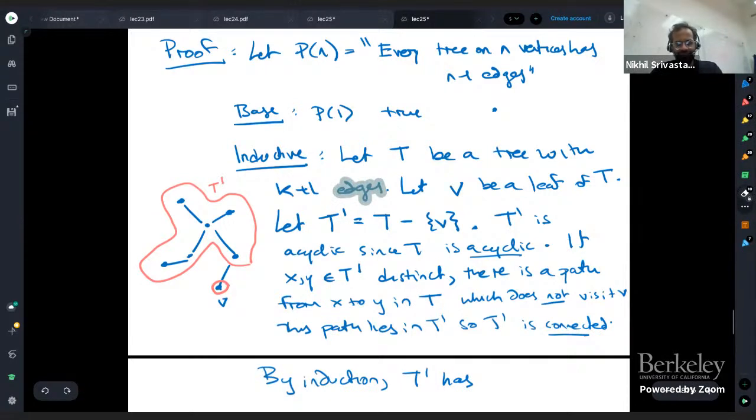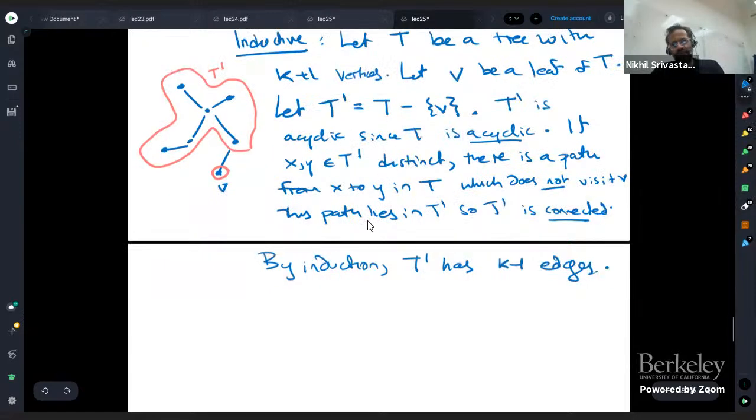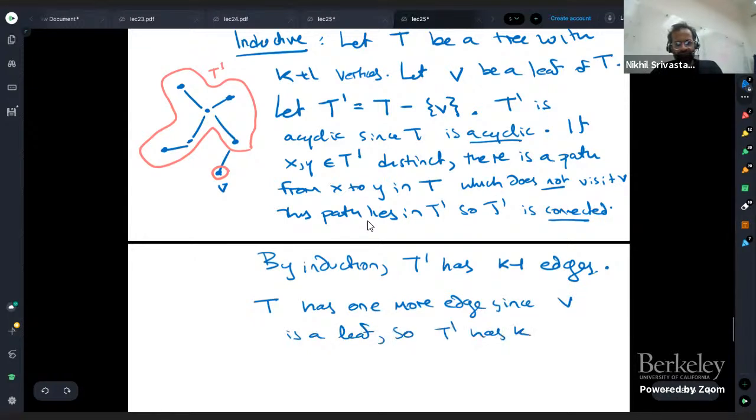So T prime has k vertices, so it has k minus 1 edges. But now T just has one more edge, right? Because I deleted a vertex of degree 1. T has one more edge, since V is a leaf, so T has k edges as desired.